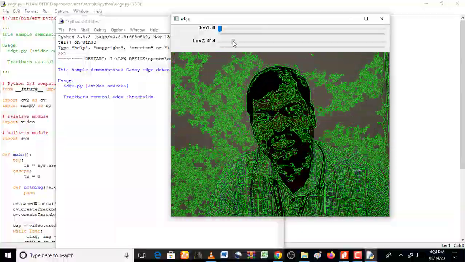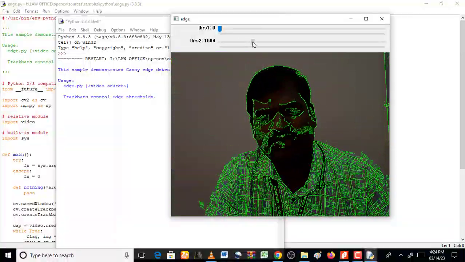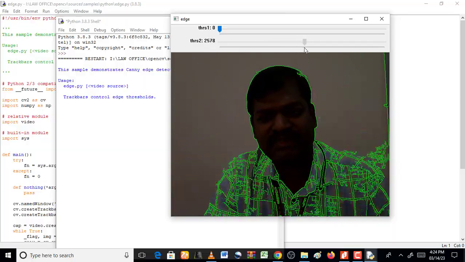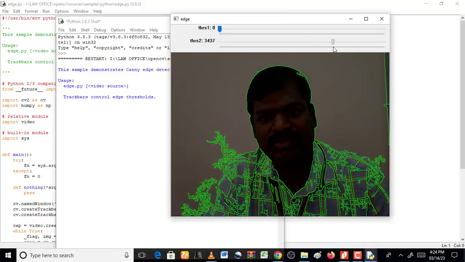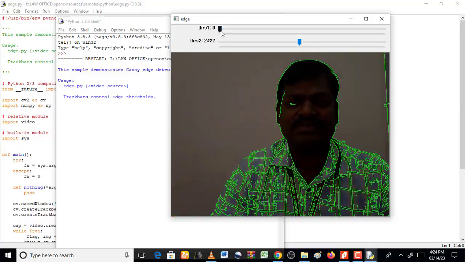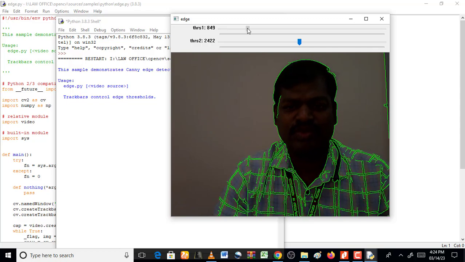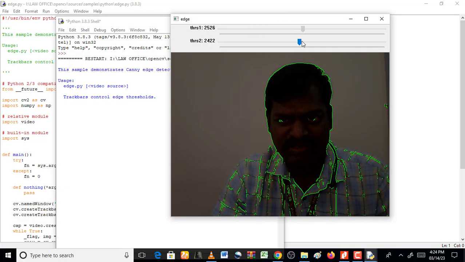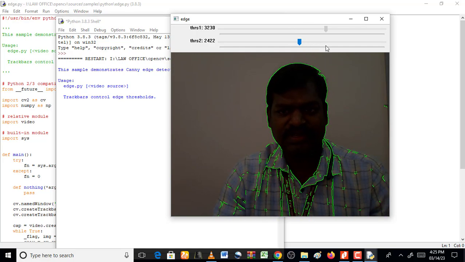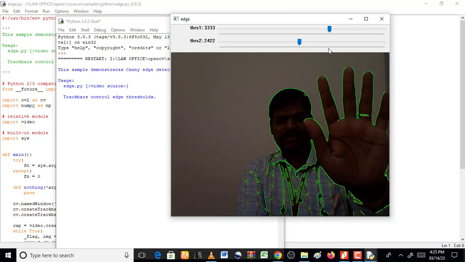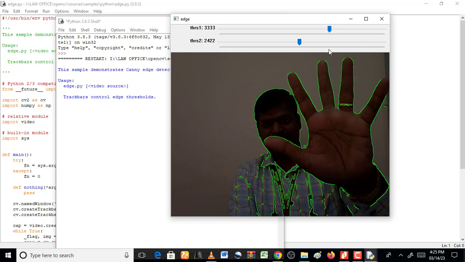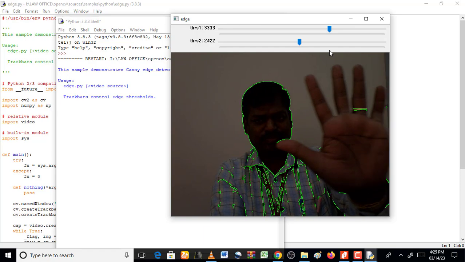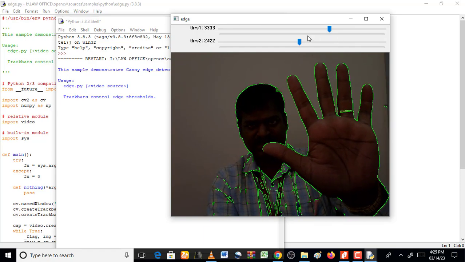Some types of threshold will be improved in this quality of level. See, highlighted, removing that outer line. So here improving the quality of this level of edges, and finally I got only the outer line of these edges, clear? Outline, it's not the internal part of our hand, correct?